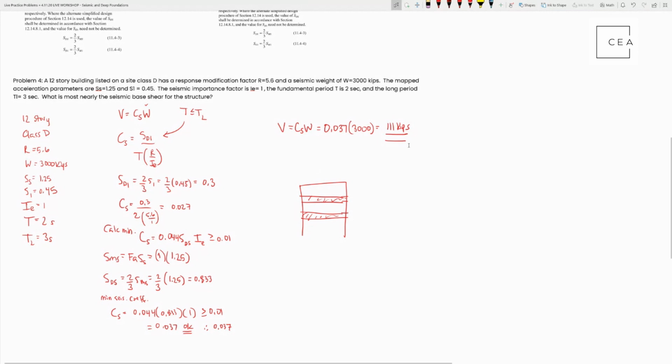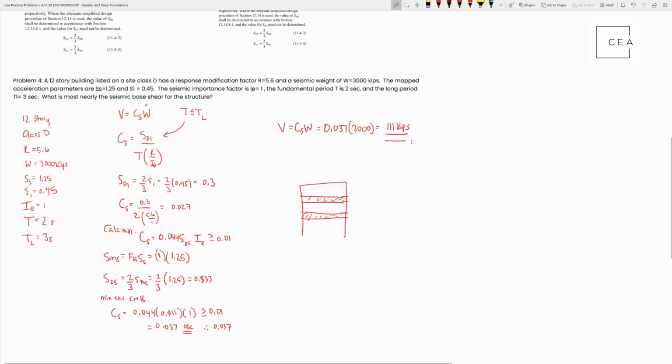Thinking of the concepts that we're looking at here, that base shear is kind of the main reaction to all the shears that are getting distributed throughout the stories on that building because of the seismic event that's occurring. Good.